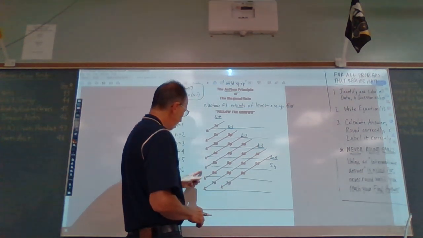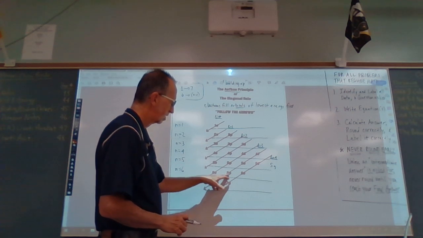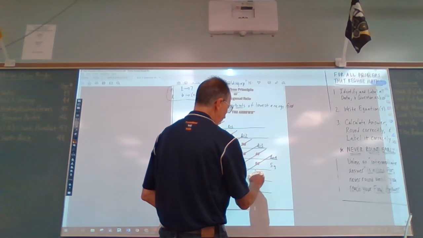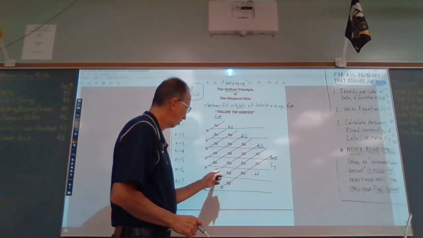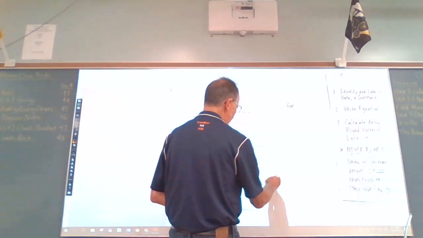In n equals 6, the sixth energy level, we're showing a 6s, a 6p, and a 6d. There's also a 6f, since L can be 3 when n equals 6. L can be 4 when n equals 6, so there's also a 6g.